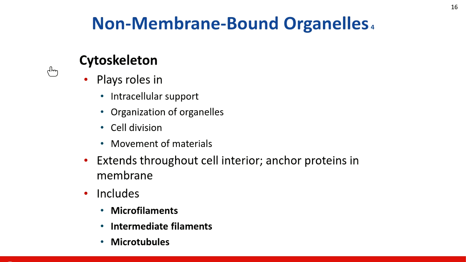When I was talking about the centrosomes, during the creation of the mitotic spindle, when it splits apart, we use our centrosomes to extend those microtubules out there that help to pull the actual cells away from each other.